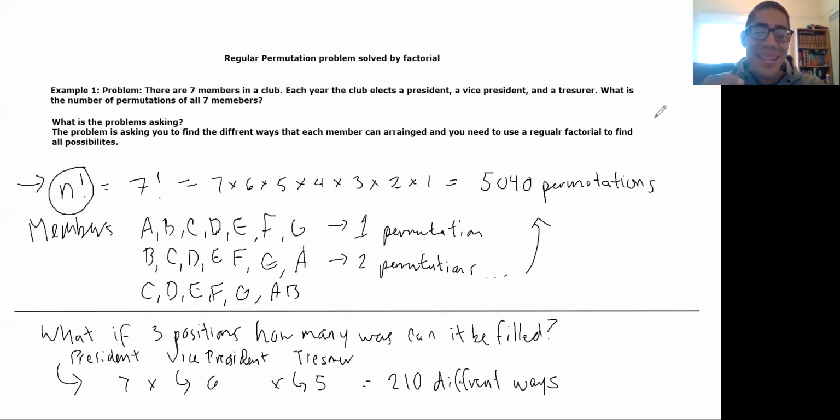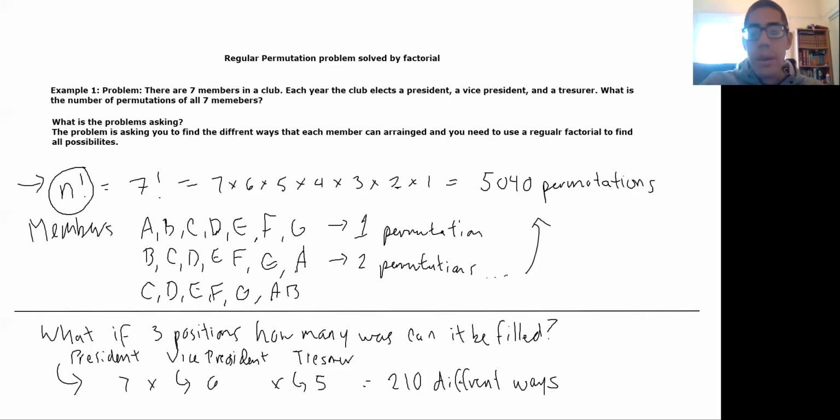Now, if you notice, it's different because instead of having the entire total of permutations, all possible possibilities, we figured out that there's only 210 different ways of arranging the 3 positions by people, because once they're taken out, we can't reuse them. So that's a different kind of problem. There's a difference between just finding a regular factorial versus trying to find out how many different ways something can happen.